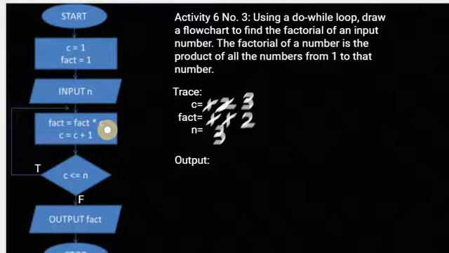That's 2 times 3 is 6. 6 goes to the variable fact. So we're going to replace this with 6. And then next we have C plus 1. That's 3 plus 1, 4. 4 goes to C. Replace this with 4.